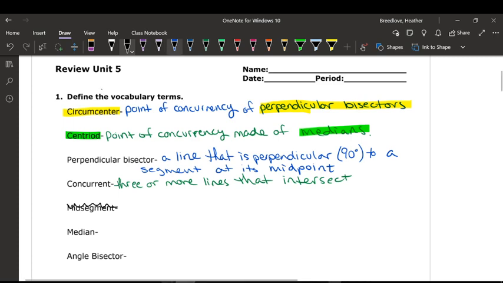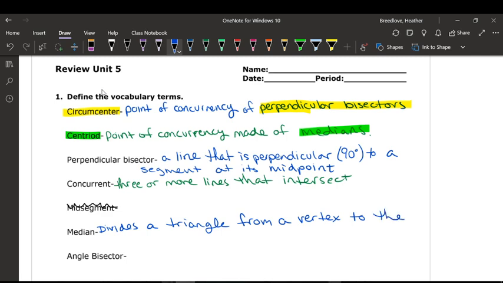A median is a segment from the vertex of a triangle to the midpoint of the opposite side. So a median divides a triangle from a vertex to the midpoint of the opposite side.